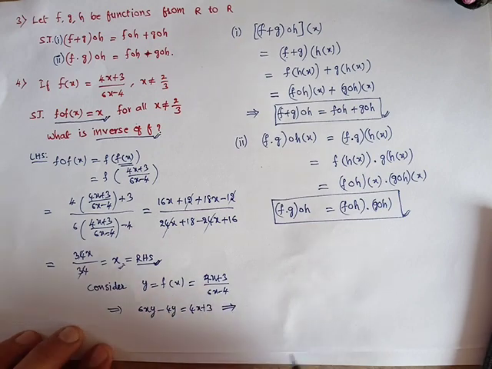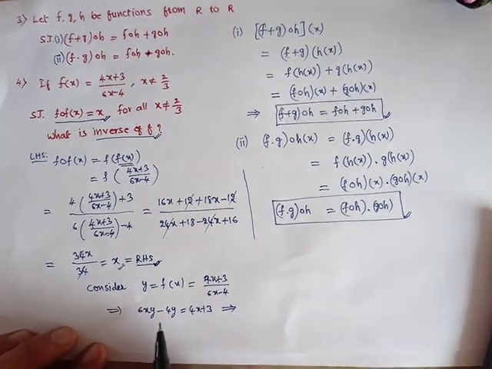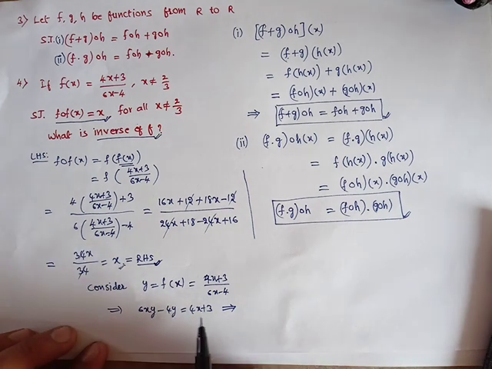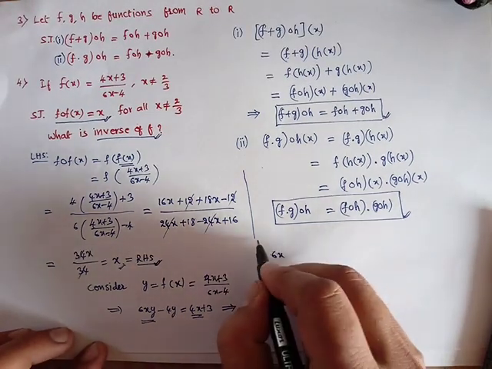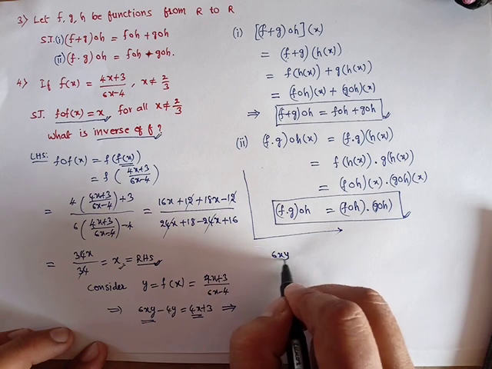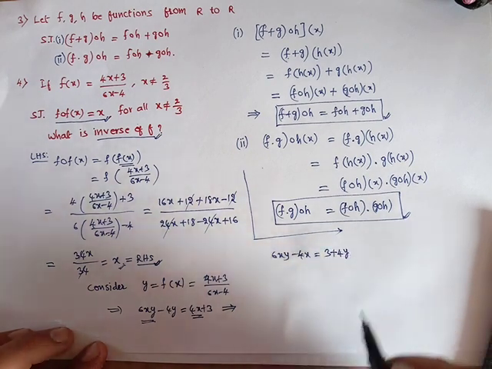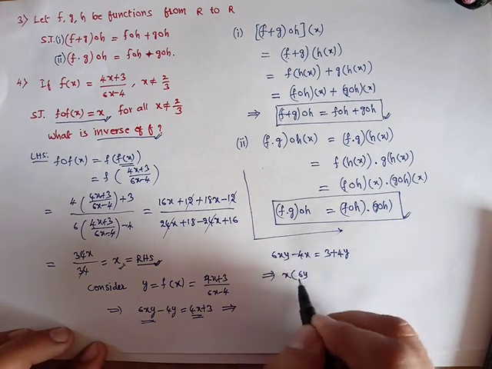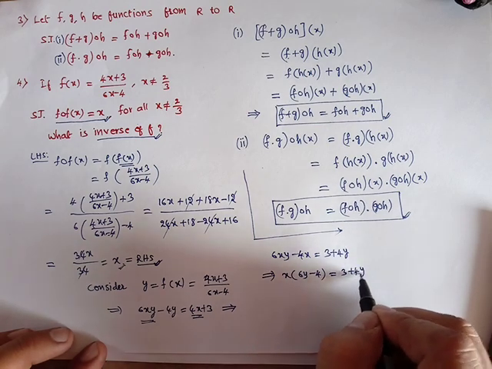So this implies what you can write, and we want to write the value of x. Now x is nothing but f inverse of y, we need to write the x value. So keep x terms aside: 6xy - 4x = 3 + 4y, and taking x common, it becomes x(6y - 4) = 3 + 4y.